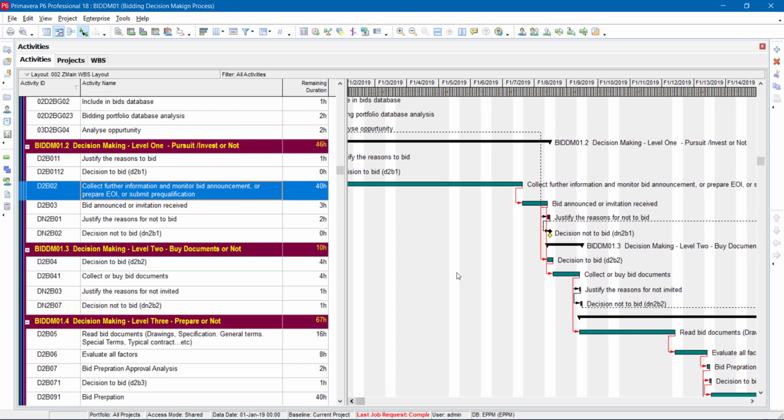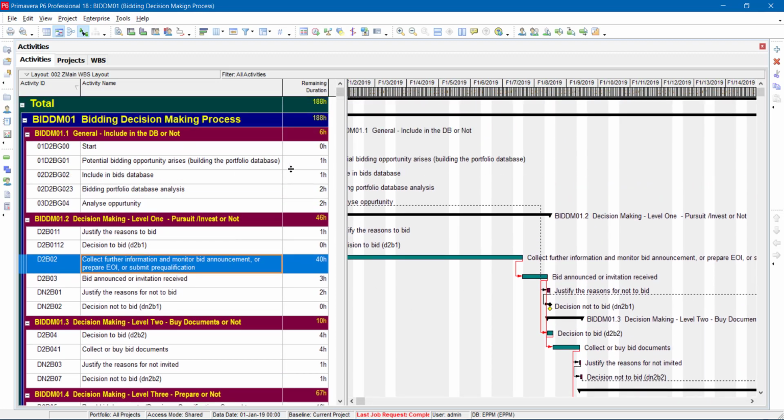Now, another perspective of this schedule: if you notice, the first one is general, so it includes other opportunities, but levels 1, 2, 3 and 4 and the results concentrate on one opportunity. Now the question is, if I have this schedule resource loaded, how many bids can we submit at the same time?